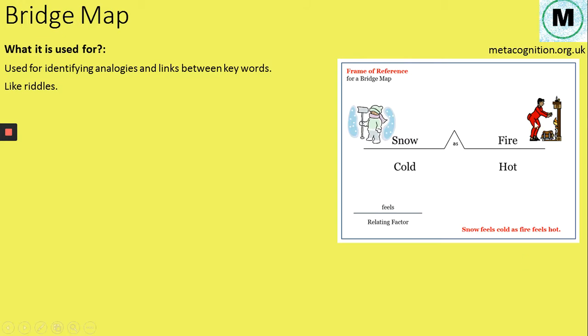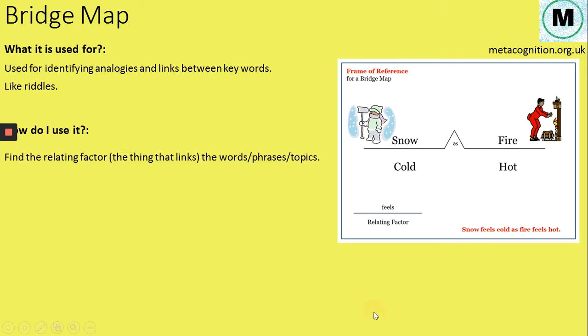You can see on the right-hand side, we've got to find what links snow and cold and fire and hot. So it really is like a riddle. And the relating factor, that's what we call it in a bridge map, is feels, because snow feels cold and fire feels hot. So we've got to find a word or a phrase that links together our pairs of words. That's what we're doing in a bridge map.